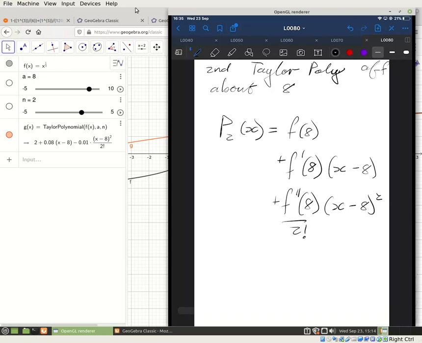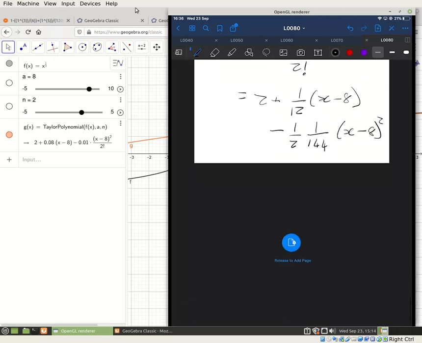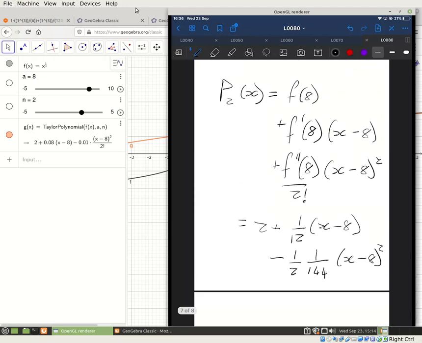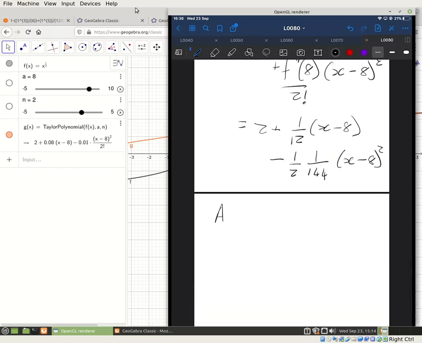And if you work that out, that is equal to 2 plus 1 over 12 times x minus 8, minus 1 over 2 times 1 over 144 times x minus 8 squared. Okay, so here we've got the second Taylor polynomial of f about 8.